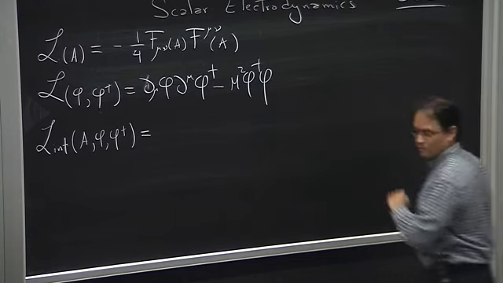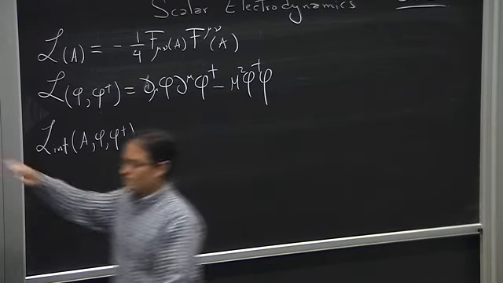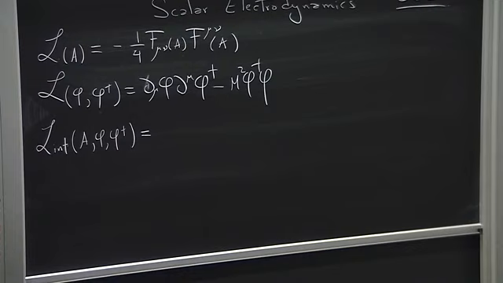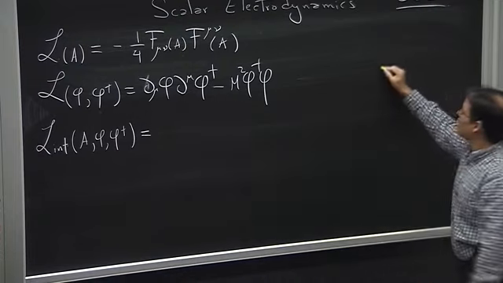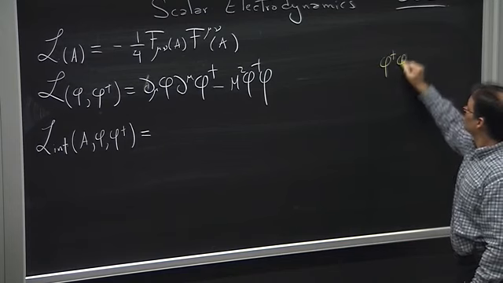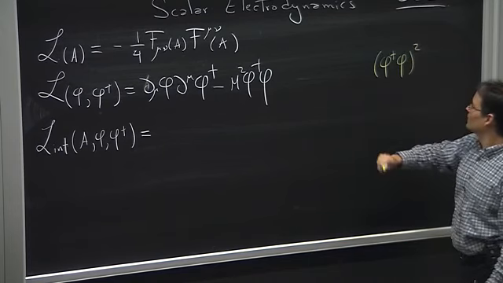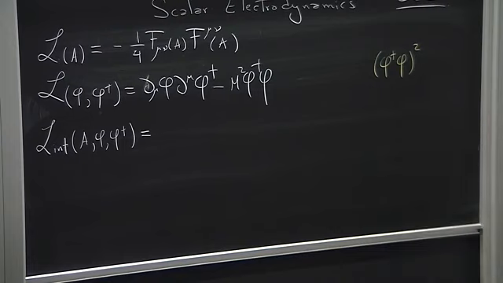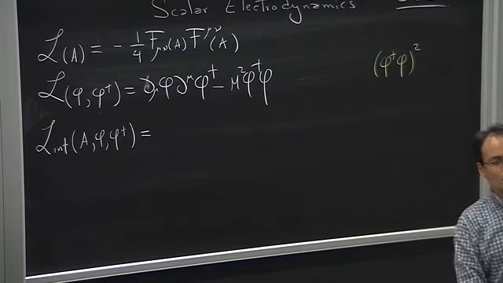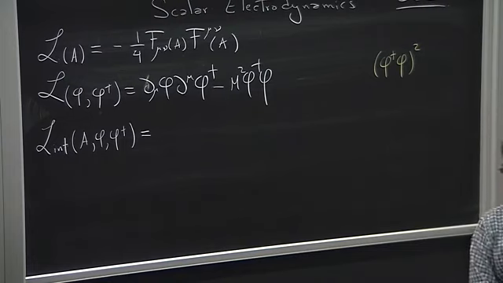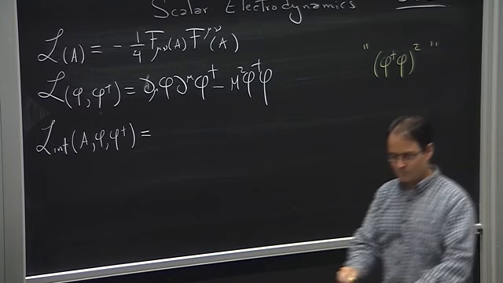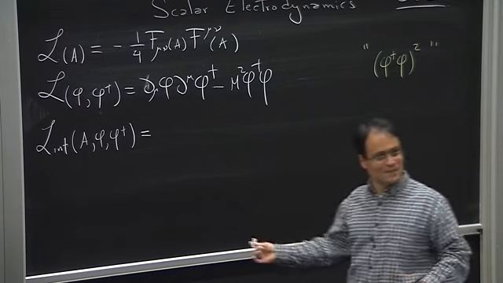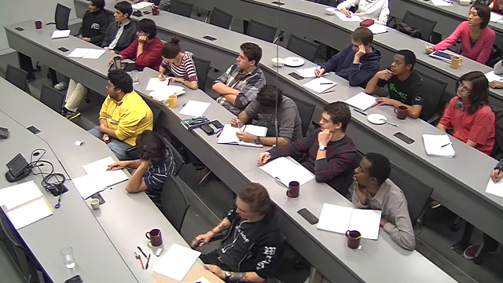In fact, now that I'm thinking about it, you could add, if you want, an interaction of this form. This would be the complex analog of what theory? Phi four, right? So you could add it if you want. But once again, I'm giving this lecture, so I choose not to add it.